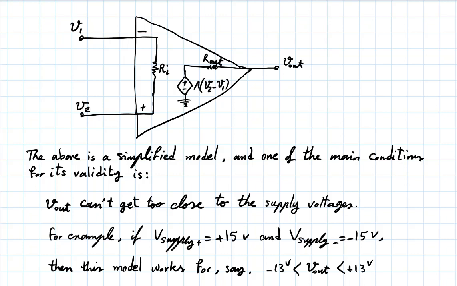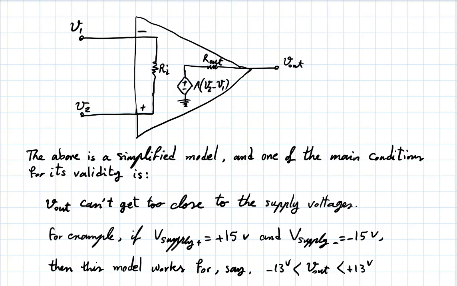Now if I increase the positive input to 10 microvolts, and let's say the negative is at 0, then my output voltage is going to be 10 volts. And if I increase the input difference to 13 microvolts, the output is going to be 13 volts.